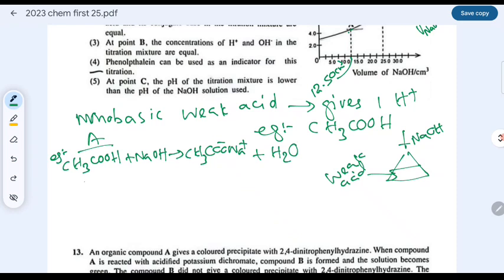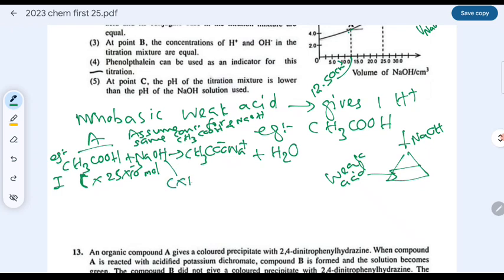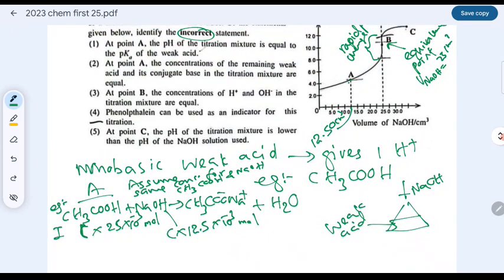Now if we assume the same concentrations for CH3COOH and sodium hydroxide, here we get the initial moles as C times 25 into 10 to the power minus 3 moles. And here C times 12.5 into 10 to the power minus 3 moles. Right?